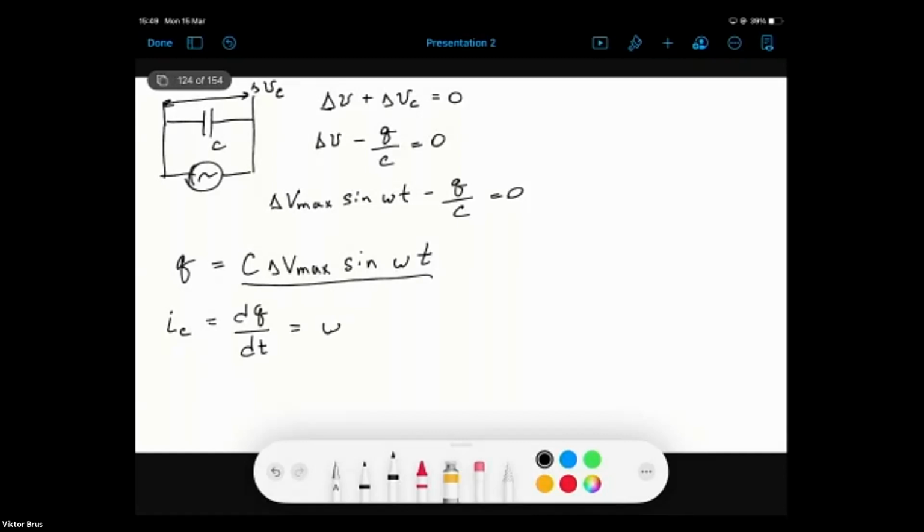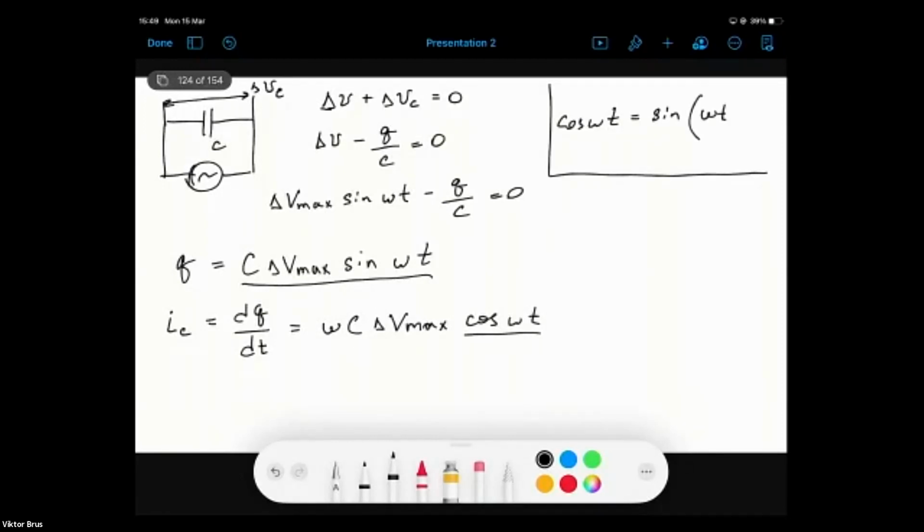And then we take the derivative of this equation. We will get omega C times delta V maximum times cosinus omega t. So this cosinus omega t we can represent in a different form. So let's do it here. Cosinus omega t is equal to sinus omega t plus pi over 2.